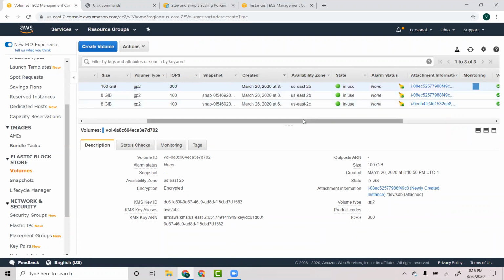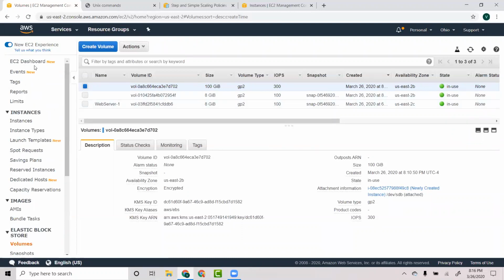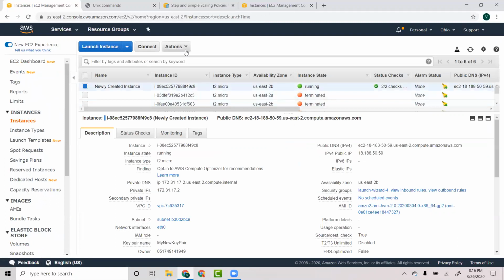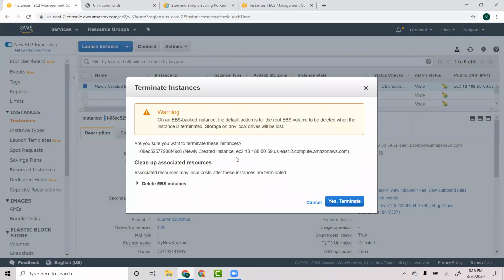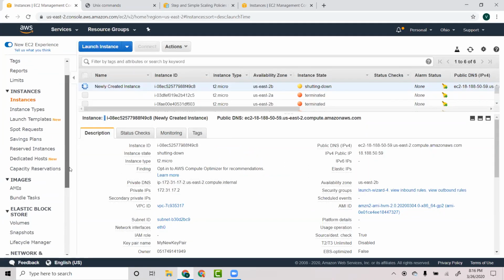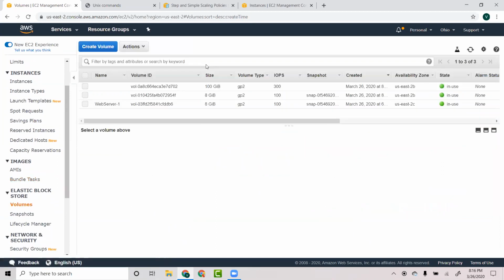Okay. And the additional point is, when I terminate my EC2 instance, I'm going ahead and choosing instance state, terminate. When I terminate, because my volume has the check mark there saying go ahead and delete it when the EC2 instance gets terminated, my instance will be gone.